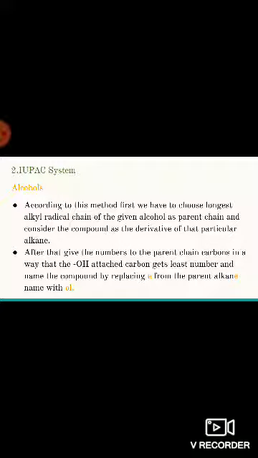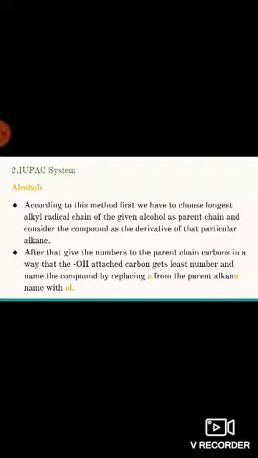Next, after finding the longest hydrocarbon chain or parent chain, we have to assign numbers to the carbons of the parent chain in a way that the carbon which is directly attached to the hydroxy group gets the minimum or least number, either from the left side or from the right side.